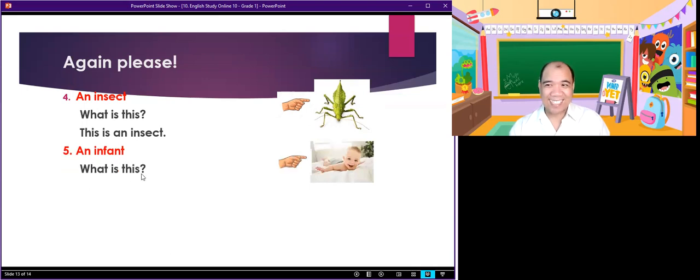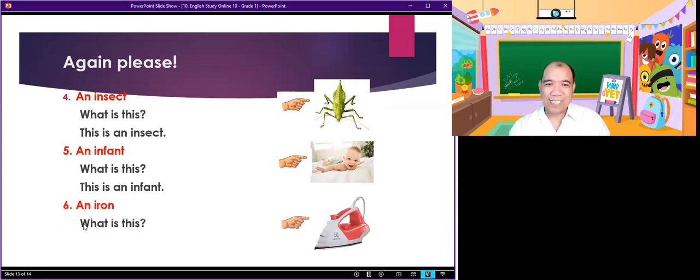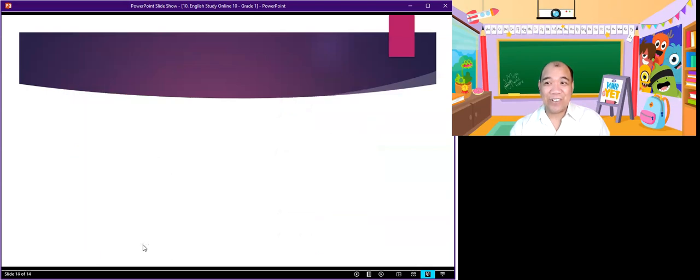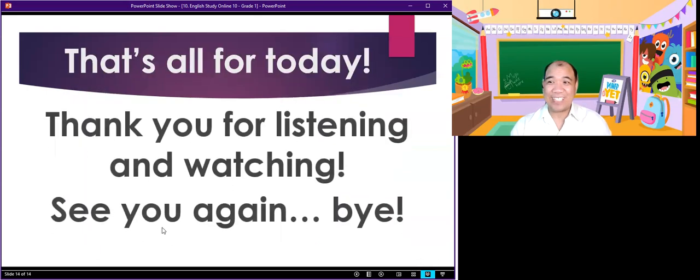This is an infant. An iron. What is this? This is an iron. So you have learned a lot today.